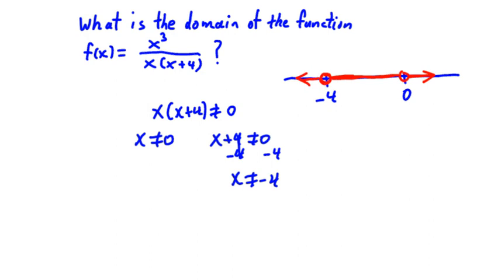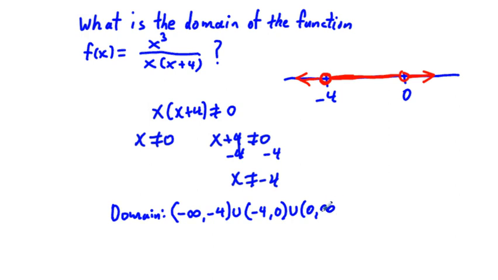So in interval notation, we would have -infinity all the way up to and not including -4, union greater than -4 up to but not including 0, and then greater than 0 all the way up to but not equal to infinity.